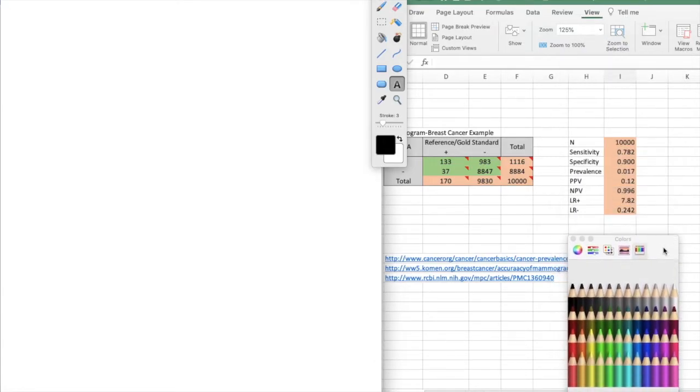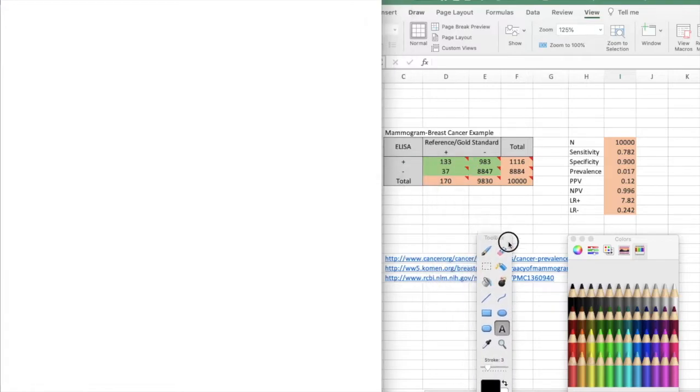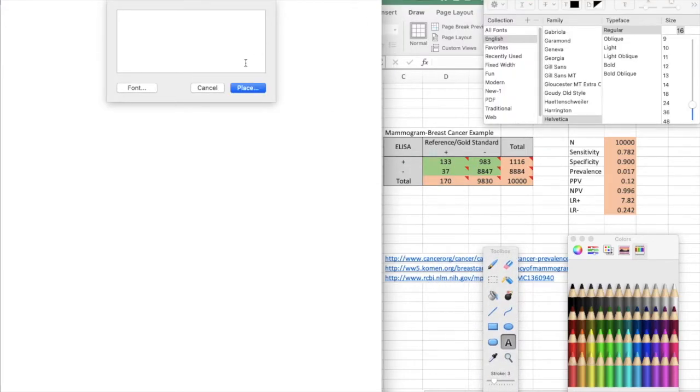We know that prevalence, prior, pre-test probability, base rate, I'm going to use all the names, equals 0.017.